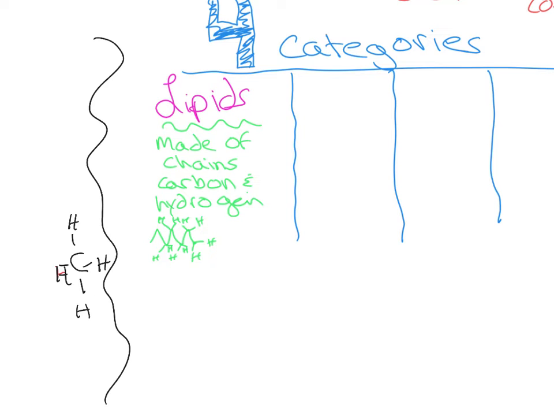Methane. Is this a polar or a non-polar molecule? Can you say that one really loud? Non-polar. Awesome. How many of you can look at something like that and think that it's non-polar? You should be able to at this point. The reason is, does it have an unequal balance? Does it have a more negative and a more positive end?